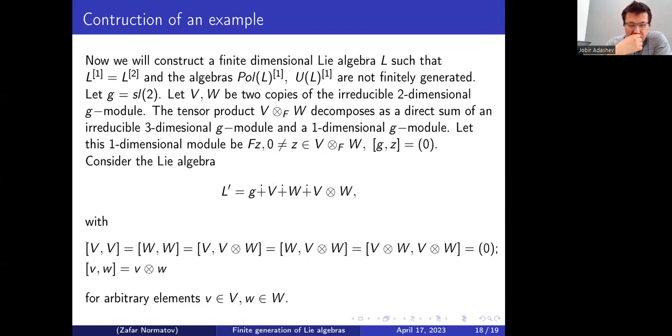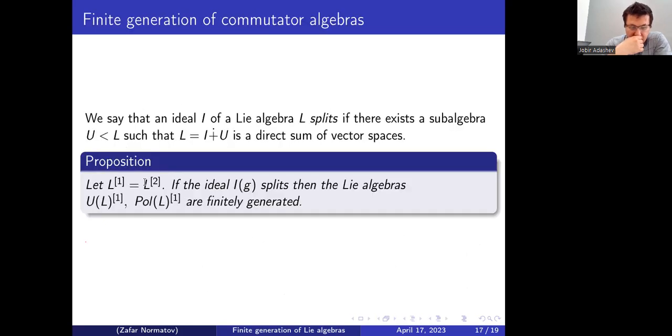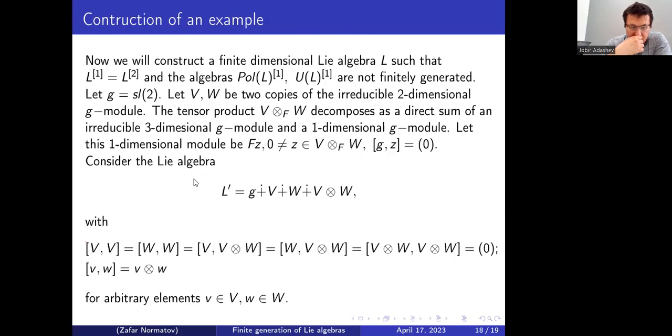And they also constructed an example. In this case, this condition also holds, but the resulting Lie algebra is infinitely generated. So what is the construction of the example? Just taking the algebra with these conditions, finite dimensional.